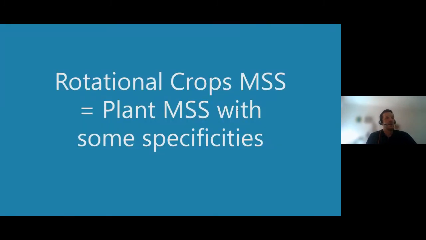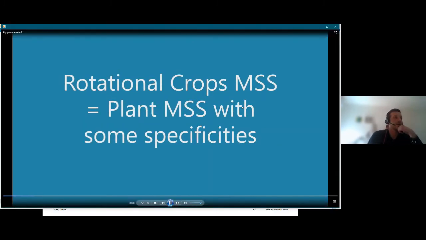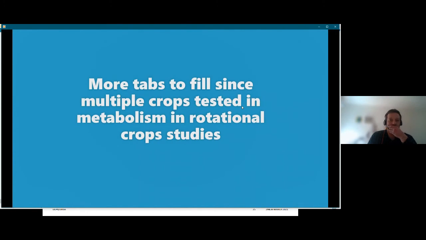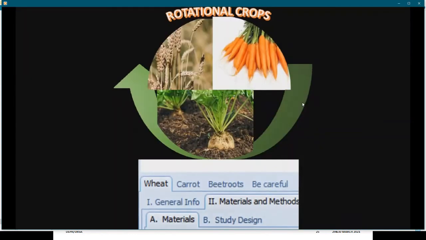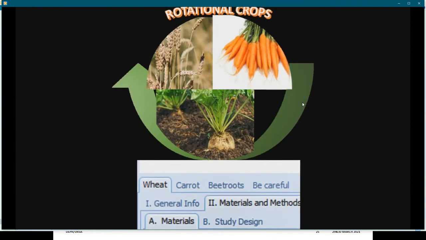Rotational crops MSS Composer equals the plant MSS with some specificities. There are more tabs to fill since there are multiple crops tested in metabolism in rotational crop studies: the wheat, the carrot, the lettuce, the beetroot.